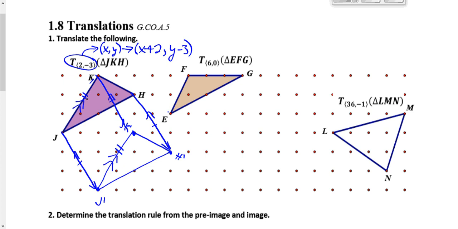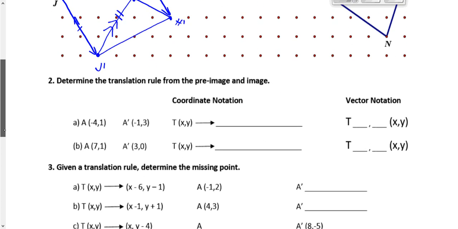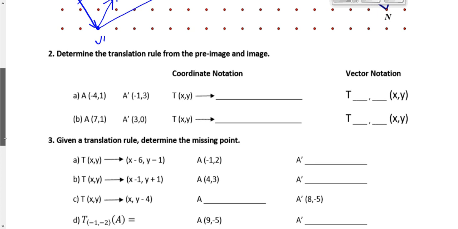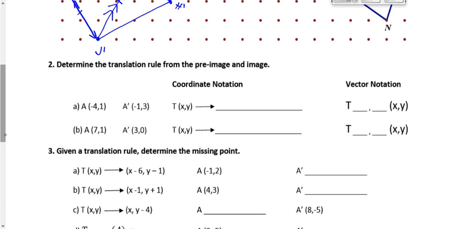All right, let's go down here very quickly. They want us to determine the translation rule from the preimage to the image. So we start at A at -4, 1, and go to A prime, and they want us to use mapping or coordinate notation first.